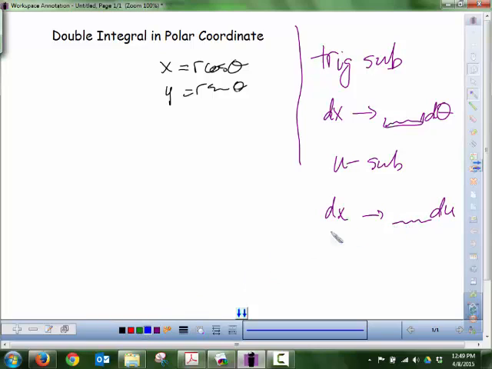But there's always this something here that we shouldn't neglect. And that something compensates for our transformation from one variable to the other.